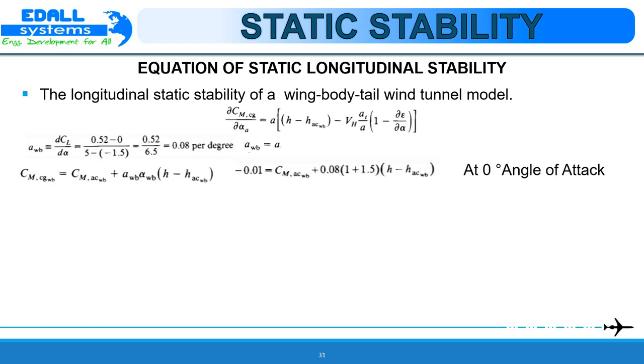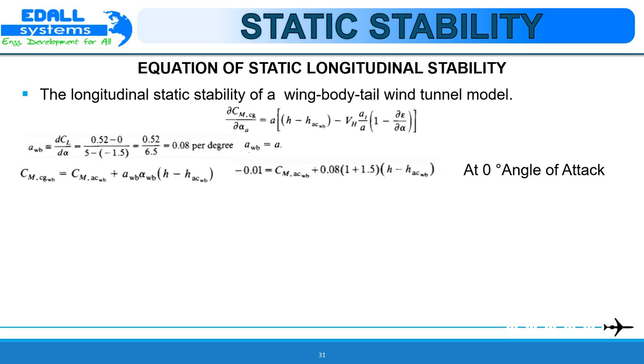So in this problem, we have alpha equal to 1 degree and 7.88 degree, and the moment coefficients about the center of gravity are measured as minus 0.01 and 0.05 respectively. So evaluated at angle of attack of 1 degree, remember that alpha is the geometric angle of attack, whereas alpha WB, that is alpha with respect to the wing body, is the absolute angle of attack, because of which we have to add 1 plus 1.5.